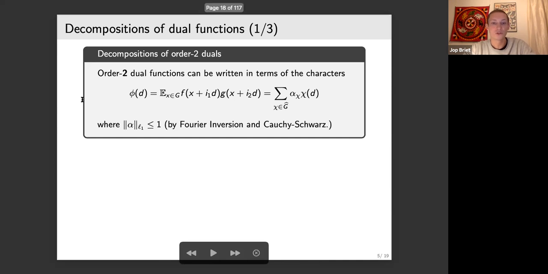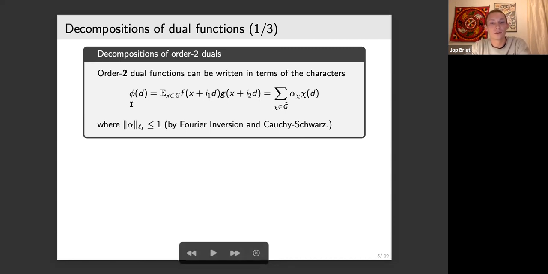So you can show this. It follows essentially because the expression here can be thought of as a convolution, and so the Fourier coefficients are the pointwise product of the Fourier transforms of f and g. And then you can apply Cauchy-Schwarz and the fact that f and g are assumed to be bounded by 1 in the definition of an order 2 dual function.